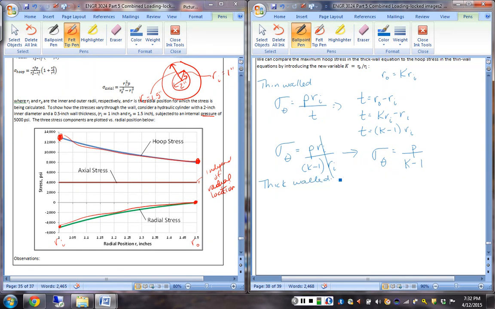For the thick-walled expression, the maximum happens at the inner wall, so our sigma theta maximum is our outer radius squared plus our inner radius squared times the pressure over the difference of the squares.